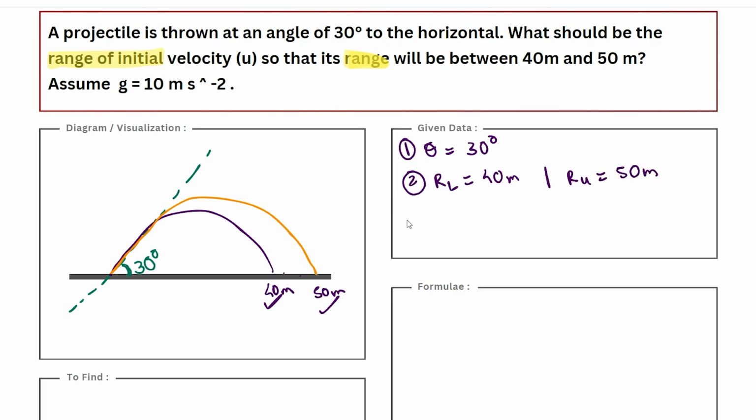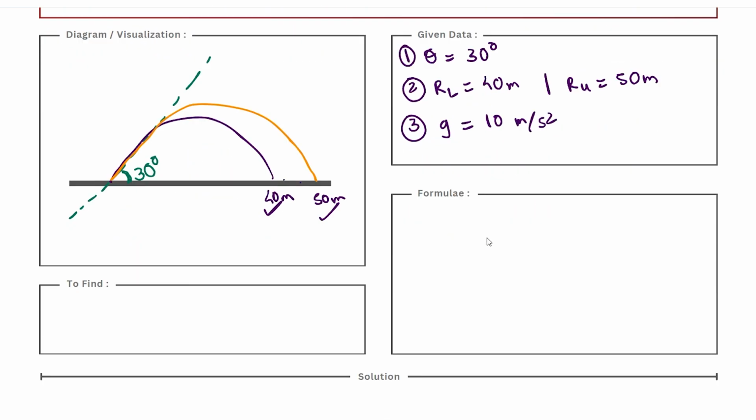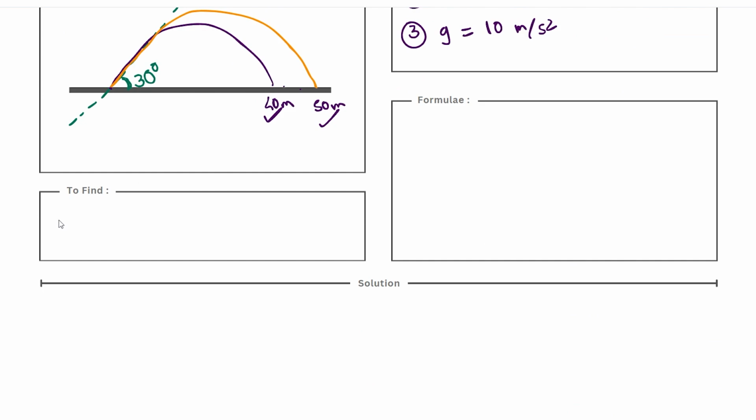We are also told we can assume g as 10 meters per second squared, the approximate value of g. Based on this, we have to find one quantity, that is the range of initial velocities, u. This is unknown to us.